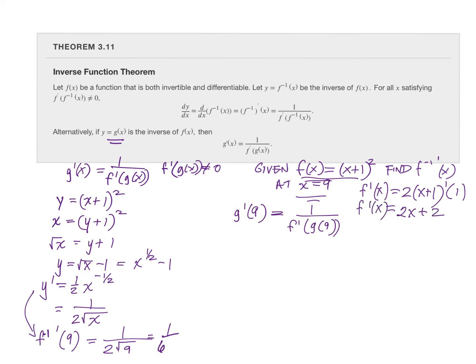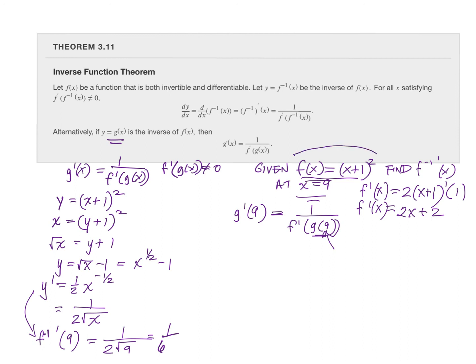Now, we're going to have to find f prime of g of 9. So we have to find a value for g of 9. And how do we do that? So remember what this means. This is my x value in my inverse function. And if I'm looking at the x value in my inverse function, that was the y value in my original function. So 9 was the y value in my original function f of x.